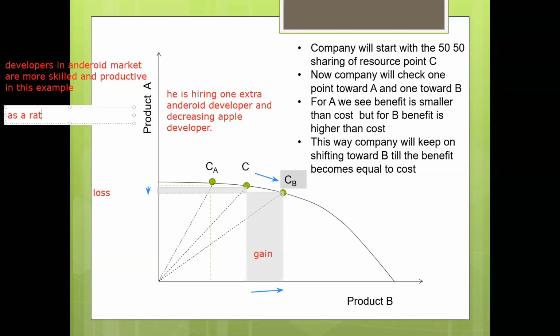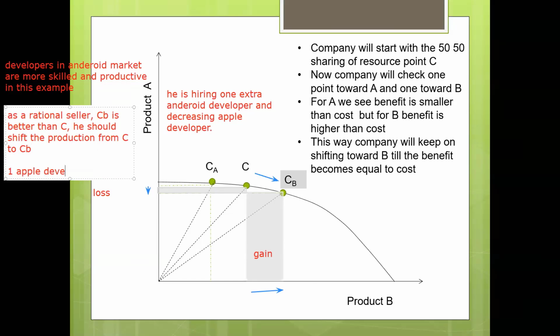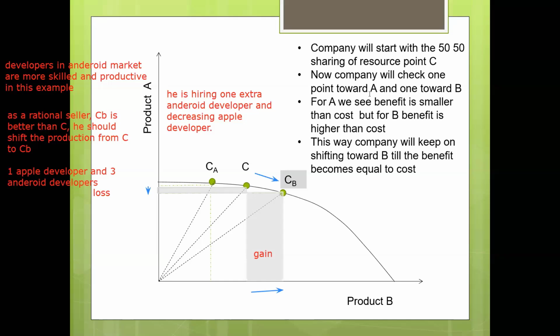As a rational seller, CB is better than C. He should shift the production from C to CB, which means he should have one Apple developer and three Android developers. This combination will increase output.